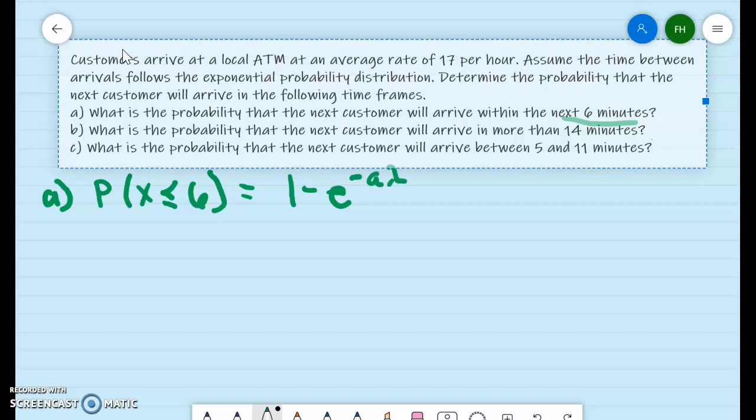And then we have this new symbol here that I'm going to do the best I can to draw it. And this new symbol equals 1 over the mean. So first of all, there's a little bit of work you have to do because the rate up here is 17 per hour, and then we're changing it to 6 minutes.